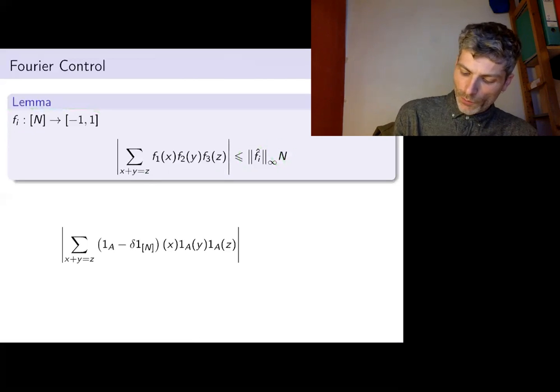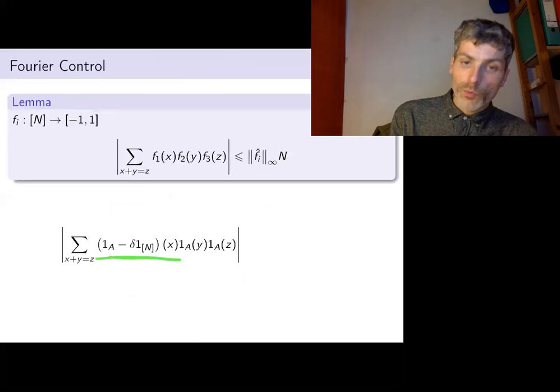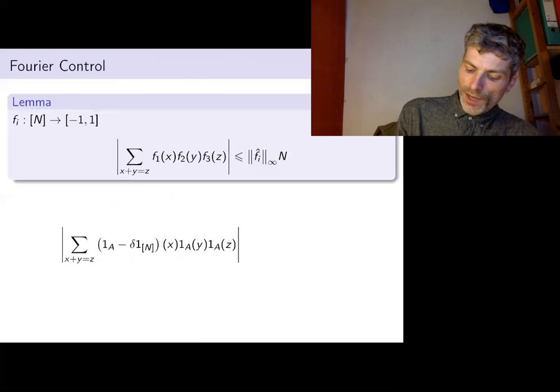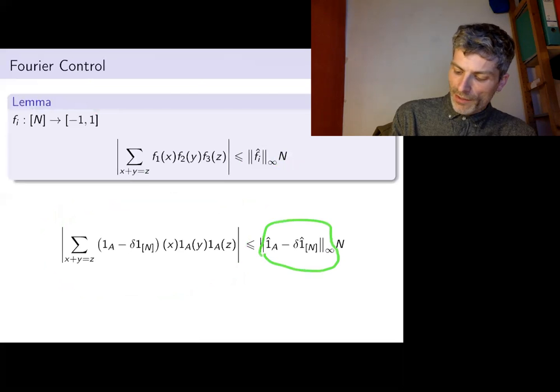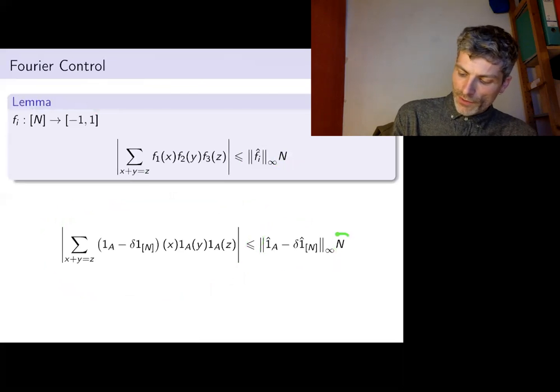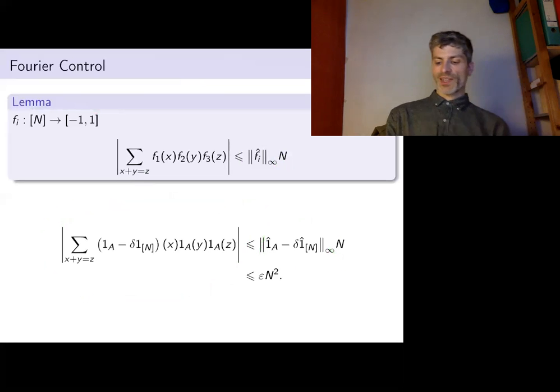So why is this useful? Well, we've got this kind of situation. We want to control a sum like this where one of the variables is weighted by the balanced function. And we know how the L infinity norm of the Fourier transform of the balanced function behaves. So we apply this lemma and we can control this sum using the L infinity norm of the Fourier transform of the balanced function times this factor of n, and our set is Fourier uniform.